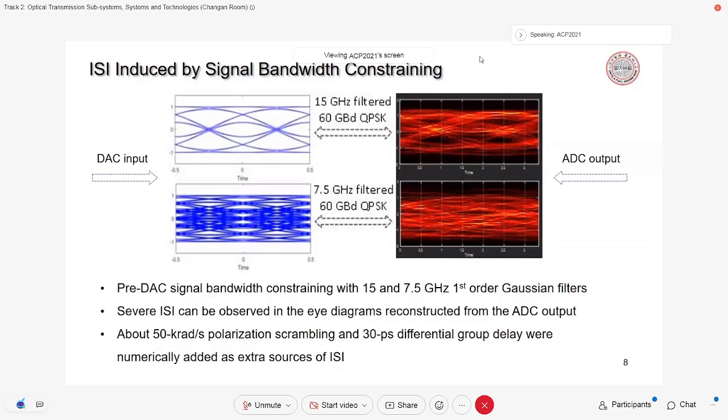And our scheme would be able to help in that sense, because before the DAC, I have a QPSK signal at 60 gigabaud. The bandwidth without filtering would be pretty high. And now if I do a filtering digitally before the DAC, then my signal will have a high baud rate, but the bandwidth will be limited.